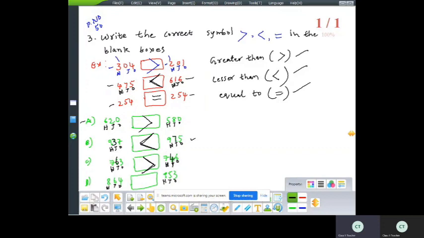Here 8 is there, here 9 is there. From these two, 8 and 9, which is the biggest number? 9 is the biggest number. Then 953 is a bigger number than 864. Here the bigger number 953 is on the left side. We open the mouth towards the left side. We get the lesser than symbol. This is the solution for greater than, lesser than, and equality.